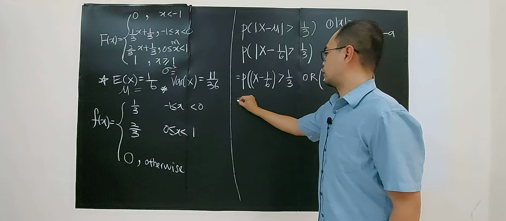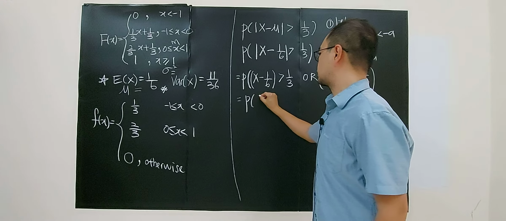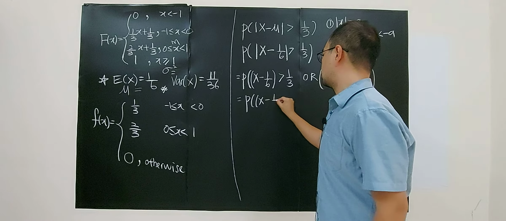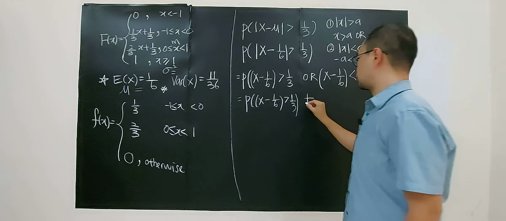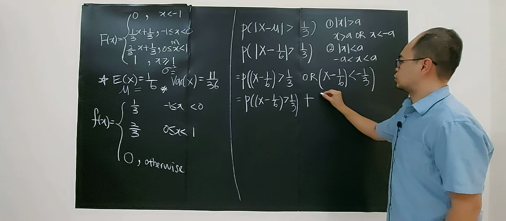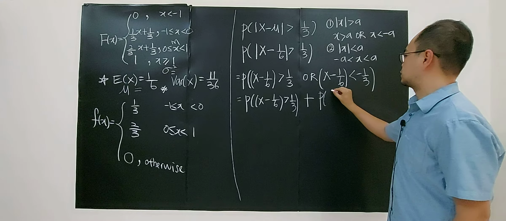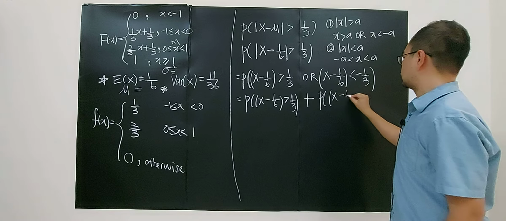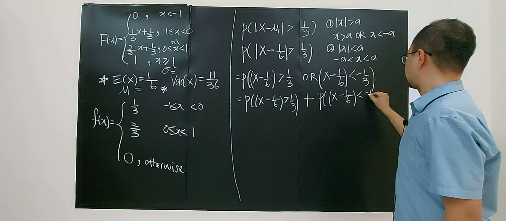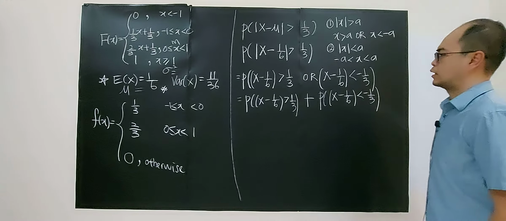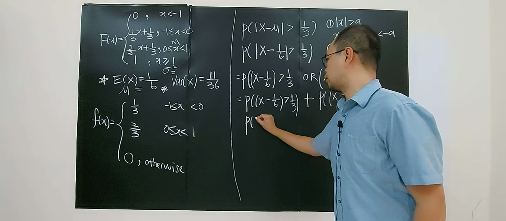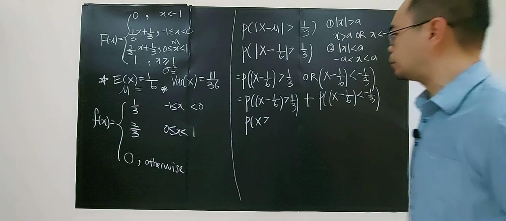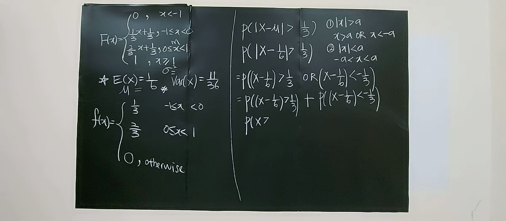So later on we can rewrite this as the probability of x minus 1 over 6 greater than 1 over 3, plus the probability of x minus 1 over 6 less than negative 1 over 3. So okay, solving the inequality first. Probability of x greater than 1 over 3 plus 1 over 6.